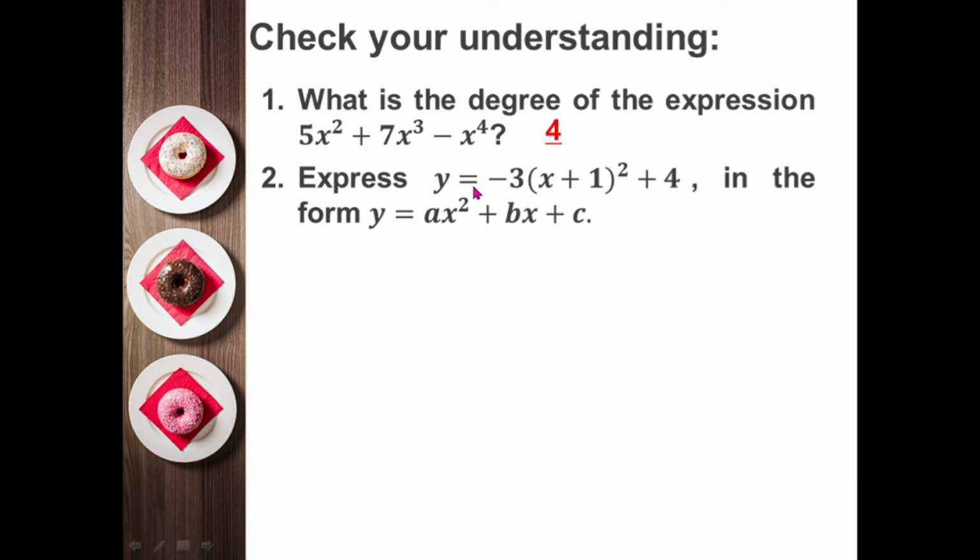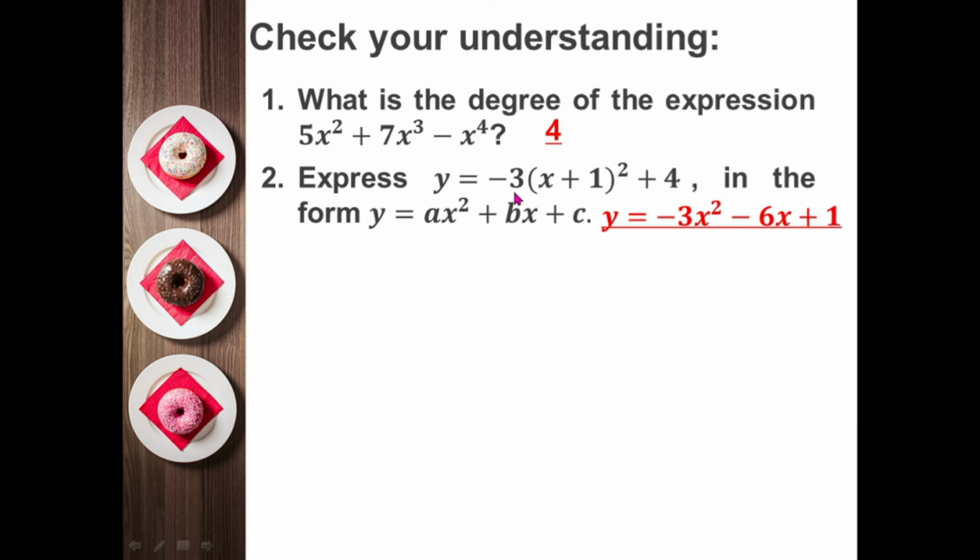Express y is equal to -3 times the square of the sum of x and 1, plus 4, in the form y is equal to ax squared plus bx plus c. Okay, the answer is y is equal to -3x squared minus 6x plus 1. So how do we arrive at this answer?